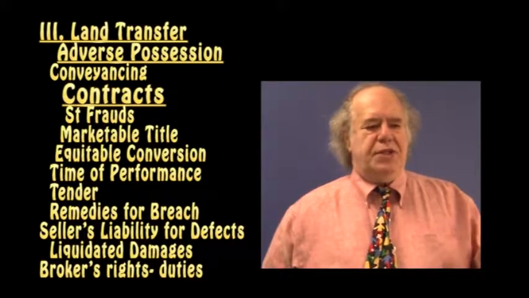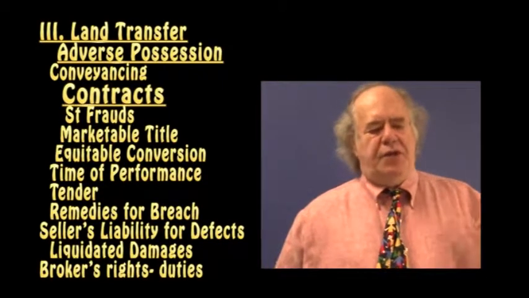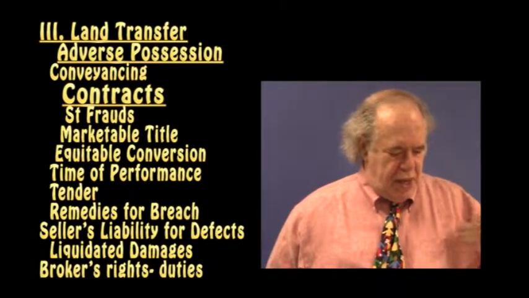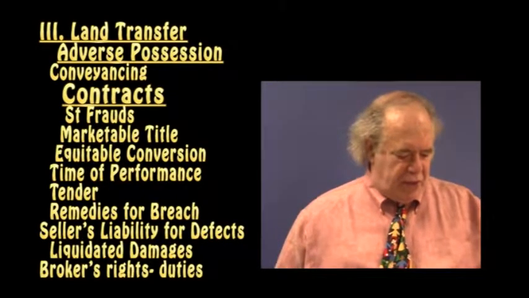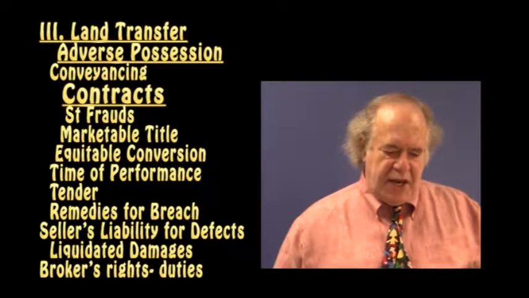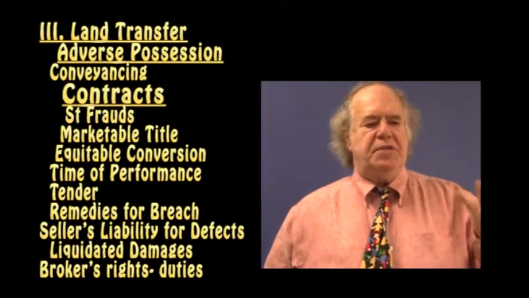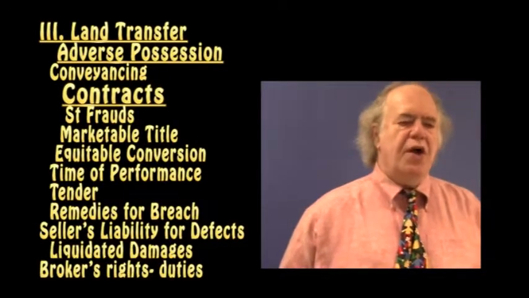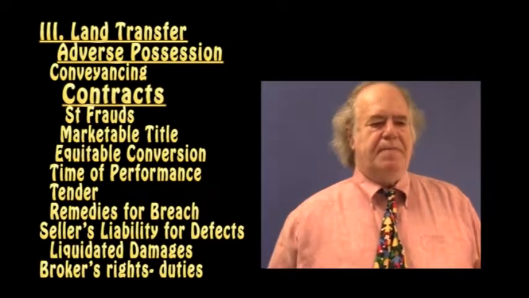Number one, of course, land sale contracts fall under the statute of frauds. Number two, we have funny doctrines like equitable conversion and marketable title and all sorts of funny special doctrines that pertain to land use contracts that don't pertain to other kinds of contracts.